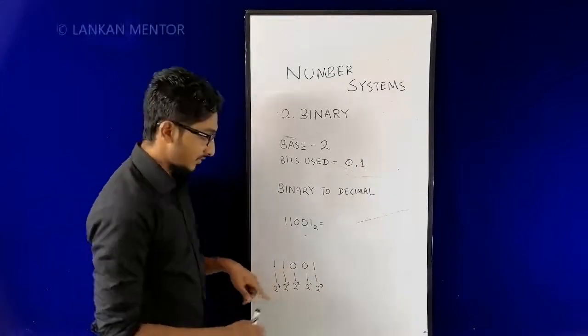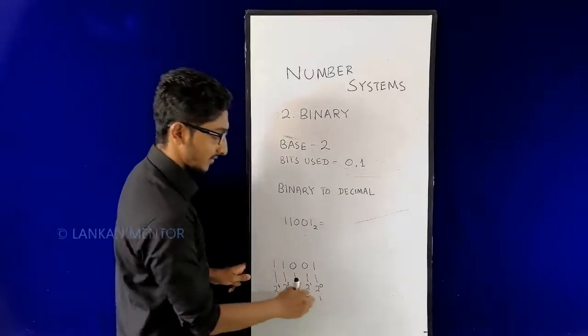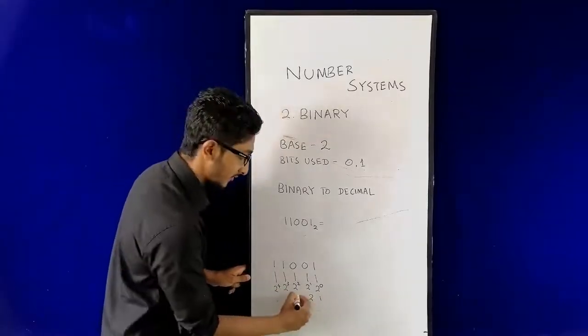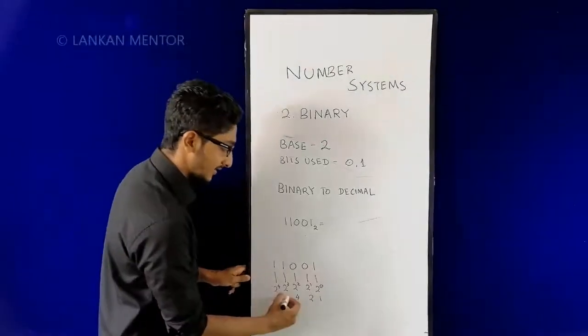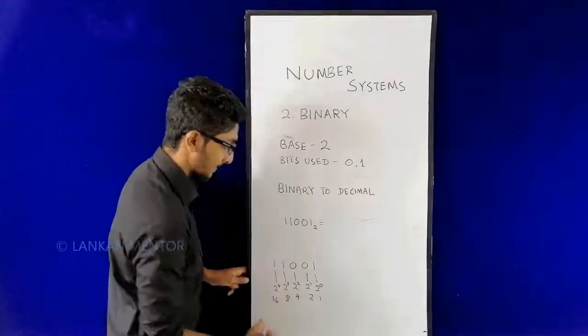Right? So how much? 2 to the power 0 is 1, 2 to the power 1 is 2, 2 to the power 2 is 4, 2 to the power 3 is 8, 2 to the power 4 is 16.